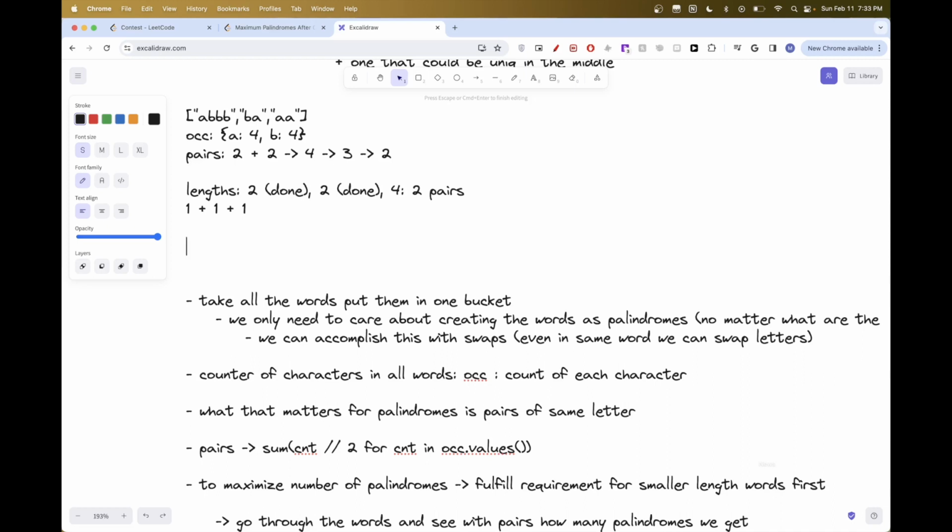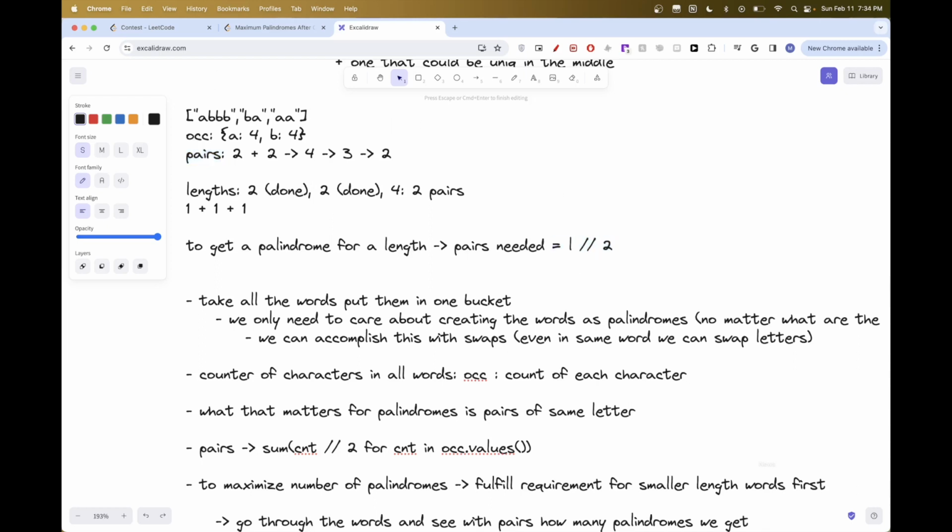That means basically to be able to get a palindrome for a length, we need pairs equal to the length divided by 2. That's basically the number of pairs we need, L divided by 2, right? And so we can just check if we still have more pairs.